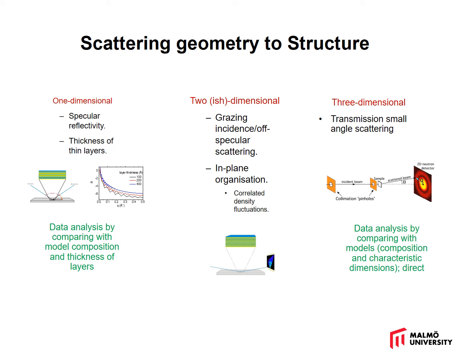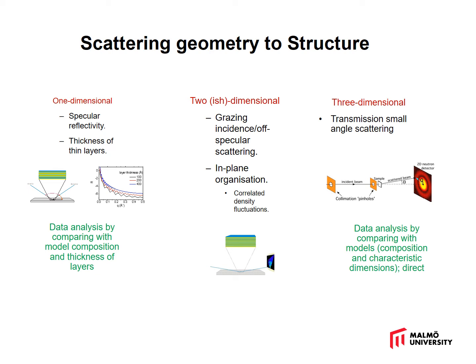So in this slide, I have the three basic scattering techniques that are used for determining structure. The first is specular reflectivity, and what one measures is the intensity of a beam of X-rays or neutrons as it's reflected from a substrate. Marate will go into detail about this technique and how one extracts information from it.